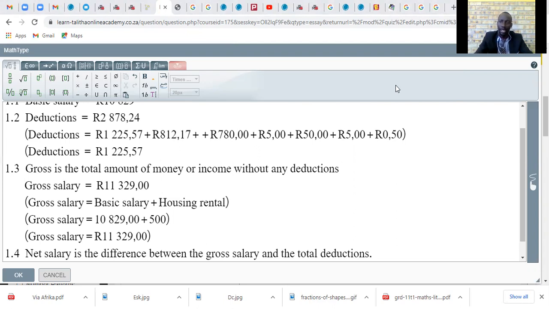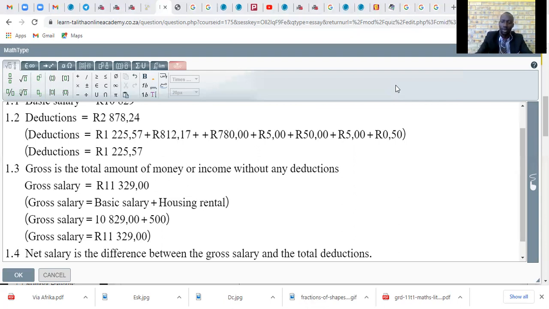Then we will later add that to 780.00. To that, we want to add 5.00. Then to it, we will add 50.00. And again, we add 5.00. And finally, we will have to add 0.5.